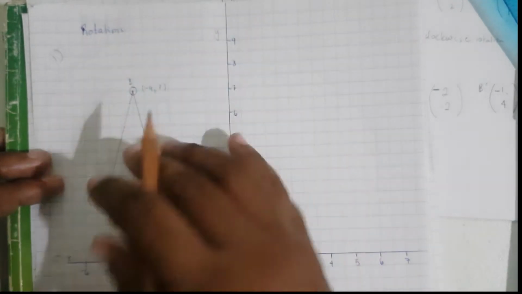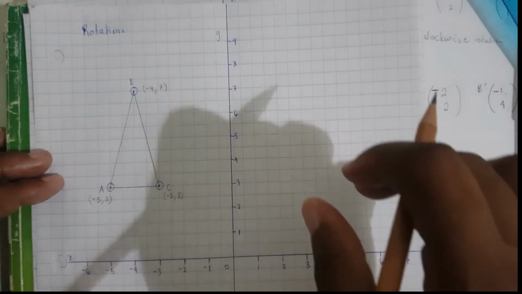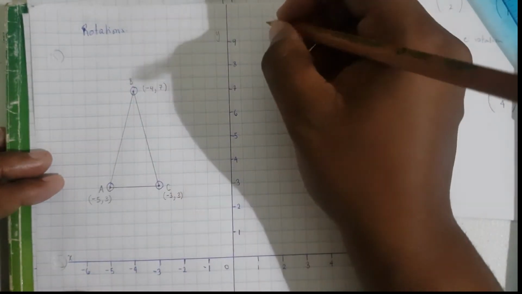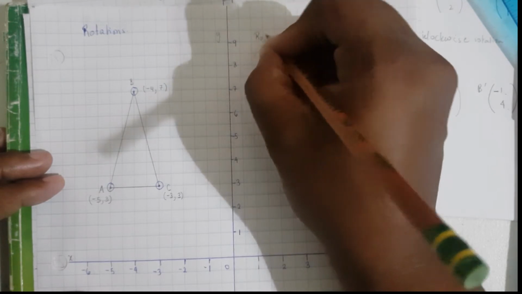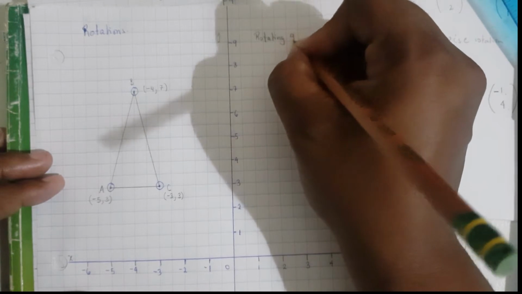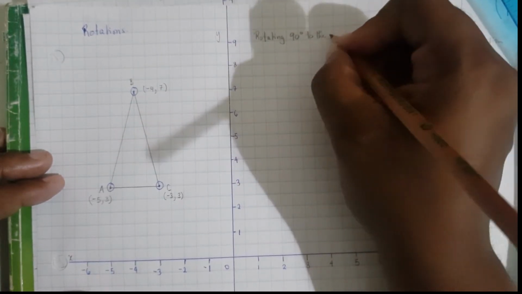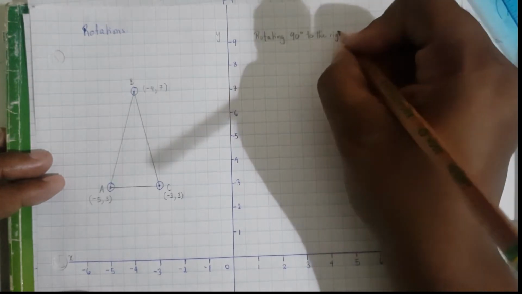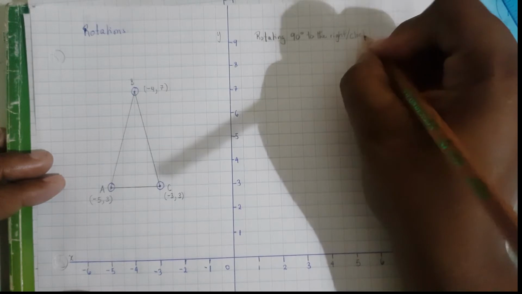Now there's a simple way you can do this. So remember, I said I'm rotating 90 degrees to the right. Okay, with a rotation that's 90 degrees to the right, or another word for this would be clockwise.